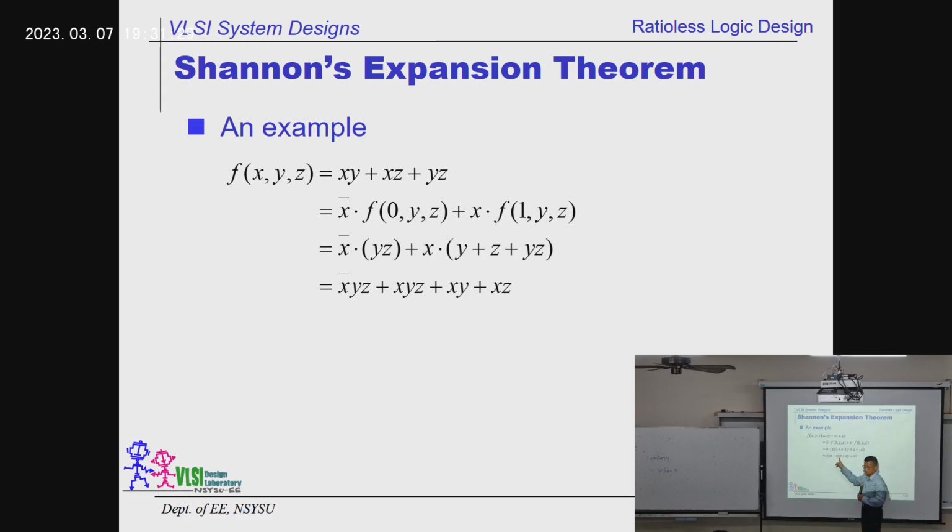They have a common factor yz. So these two terms can be combined together and erase the x. So we get yz for these two terms, xy and xz, which are exactly the same as before. So after the decomposition, we get the same thing.